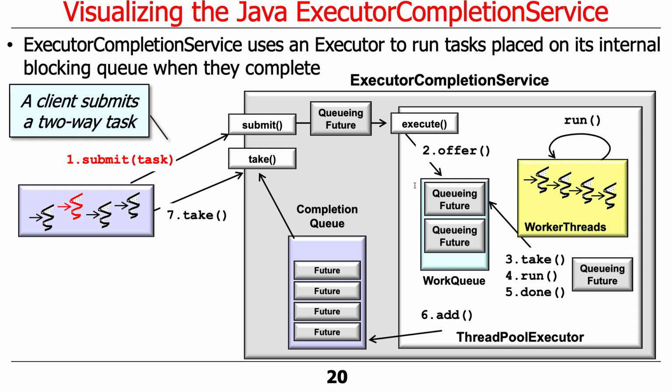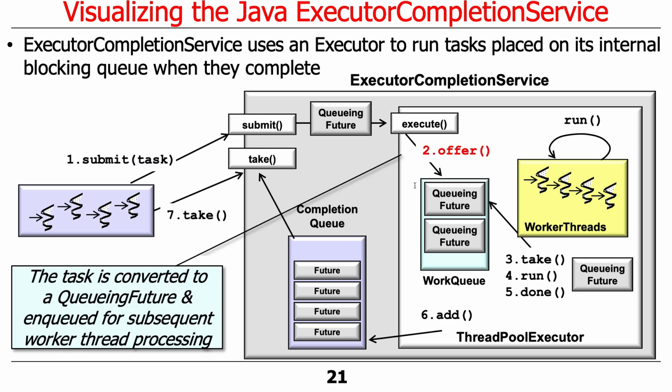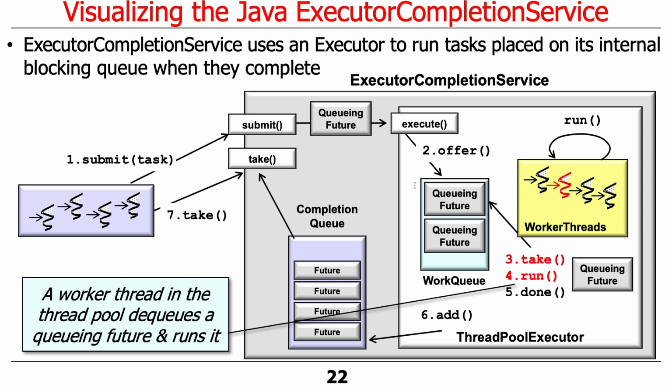So here, a client submits a two-way task. That task gets converted into something called a queuing future and stored in an internal blocking queue that then is used to feed the pool of worker threads that run the computations that are queued up internally waiting to go. And that's just executor framework stuff, nothing interesting there.